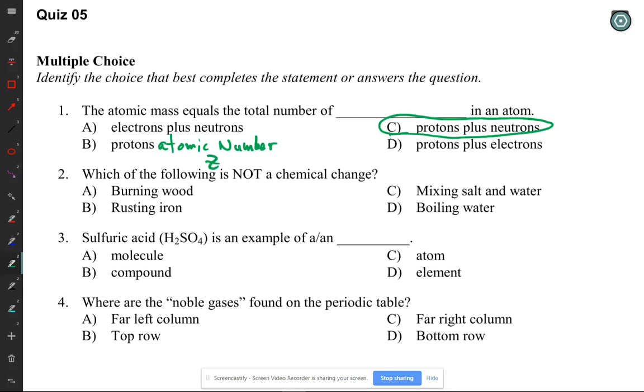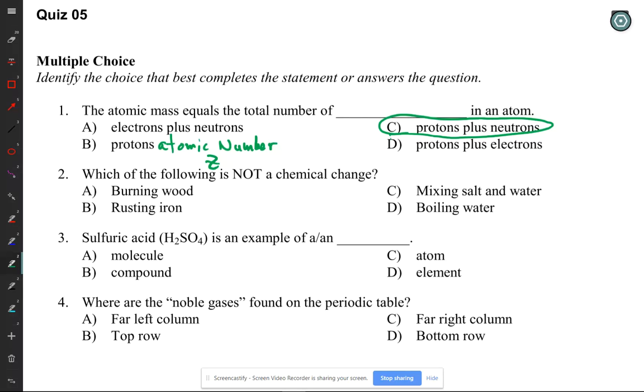Now, some people might have said, well, what about electrons plus neutrons? You can have an ion. An ion does not have the same number of electrons as it has protons, and it always needs to be protons plus neutrons. So in the case of an ion, electrons plus neutrons is not going to be equal to the atomic mass.